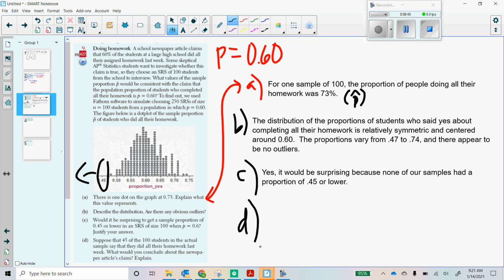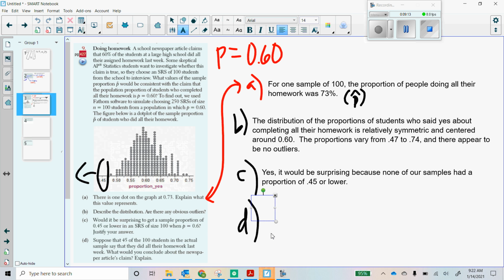It only had 45 out of 100. That's extremely unlikely to happen by random chance. Notice that it didn't happen over here. If it's not likely to happen by random chance, it probably means the claim is wrong. So this 60% is not likely to be the truth, because they got 45% when they took a sample, and that is very unlikely to happen by chance.